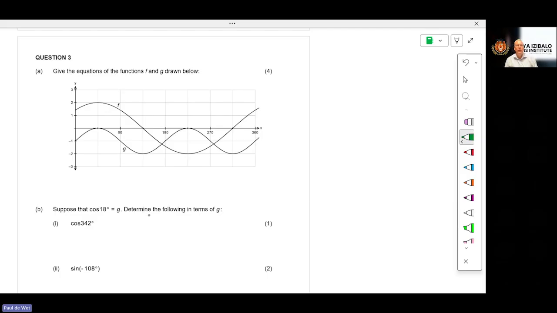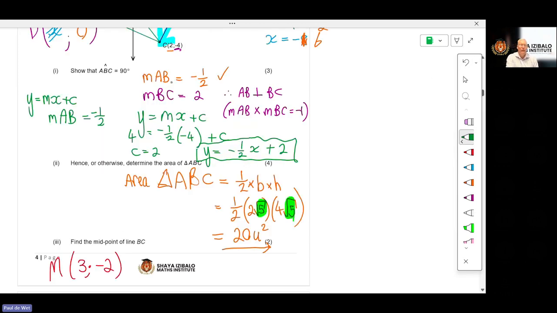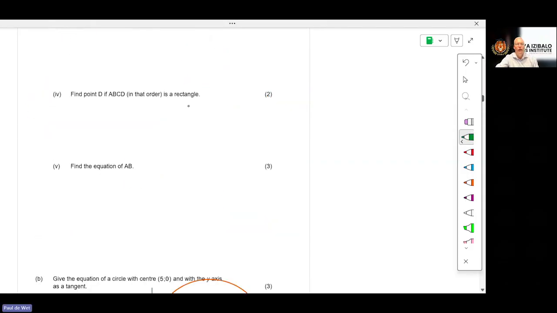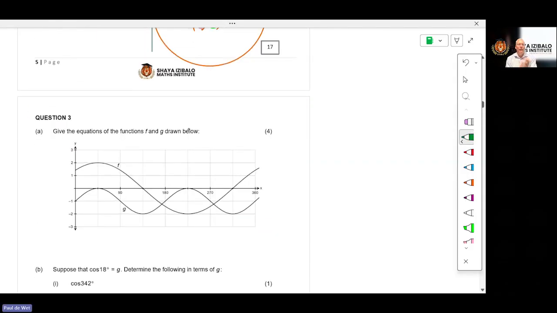Yes. So we have the graph shifted 45 degrees to the right. So we have 2 cos of x minus 45. Well done. That sounds very good.